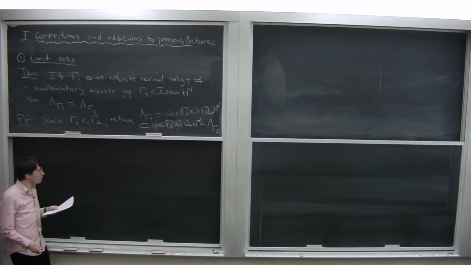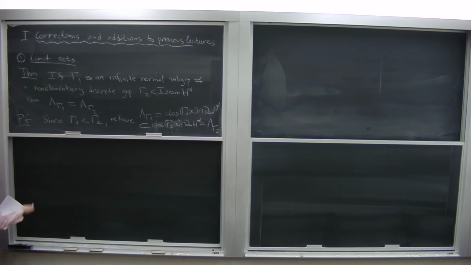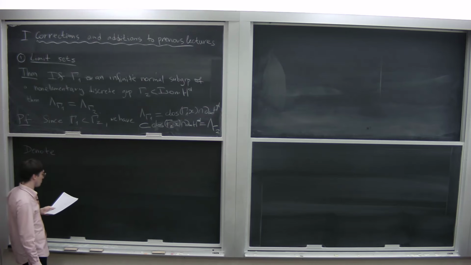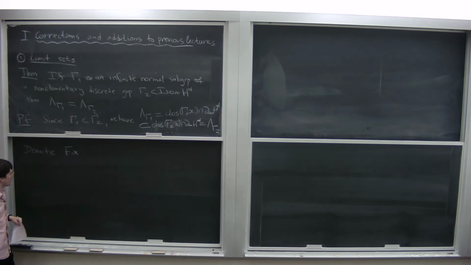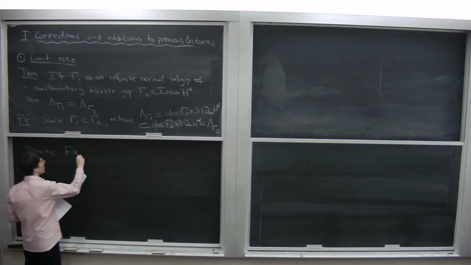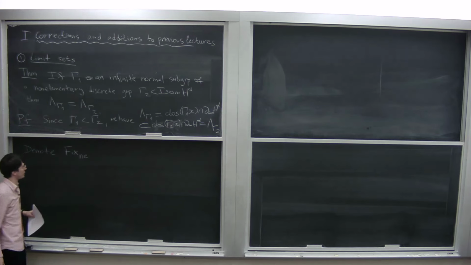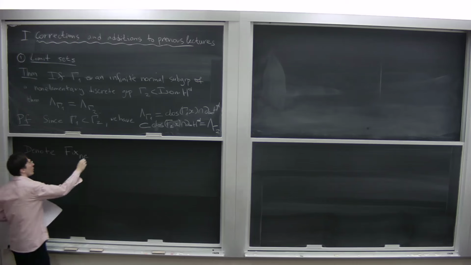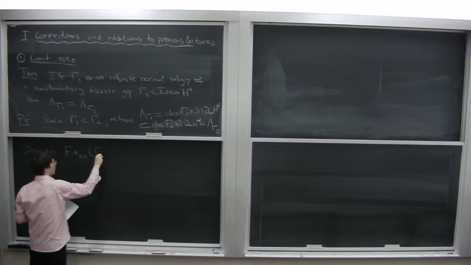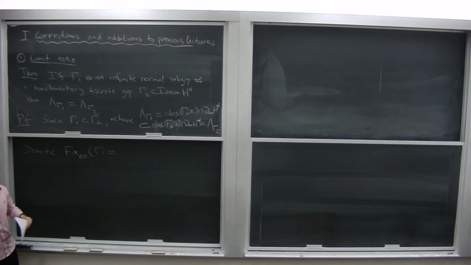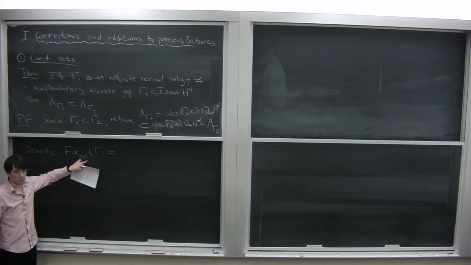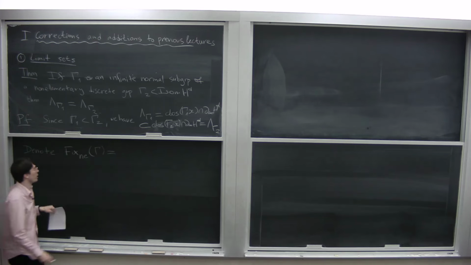Okay, then I will use the following notation. So denote by, okay, my notation is apparently pretty long, fix sub NE of gamma, the set of fixed points of all non-elliptic elements of gamma, right?